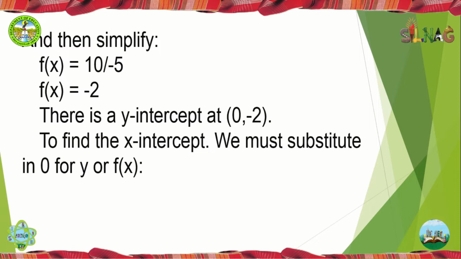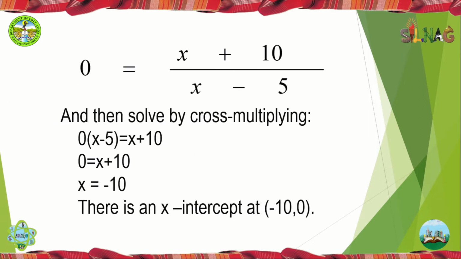To find the x-intercept, we must substitute 0 for y or f of x. So we have 0 is equal to x plus 10 over x minus 5, and then solve by cross multiplying. 0 times the quantity of x minus 5 is equal to x plus 10 times 1, which is equal to x plus 10. 0 times x minus 5 is 0, is equal to x plus 10.